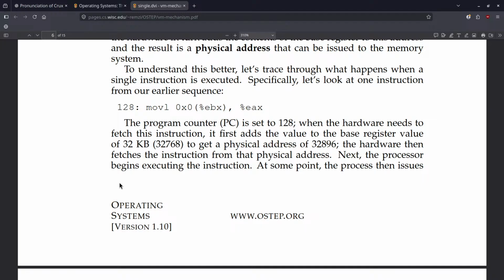The program counter is set to... When the hardware needs to fetch this instruction, it first adds the value to the base register value, 32 kilobytes, to get a physical address.